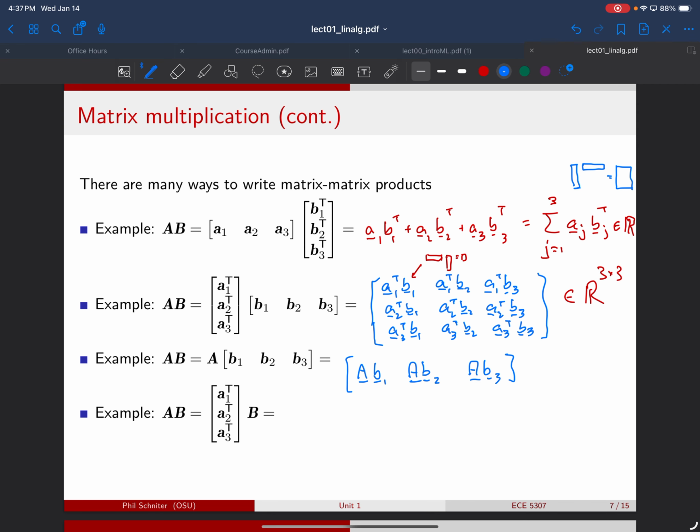And finally, we might have something similar, but maybe A is described in terms of its rows, and then B is just kept together as one unit.